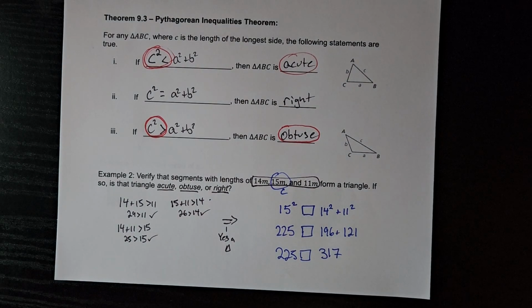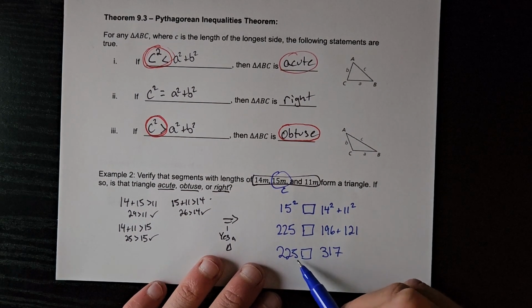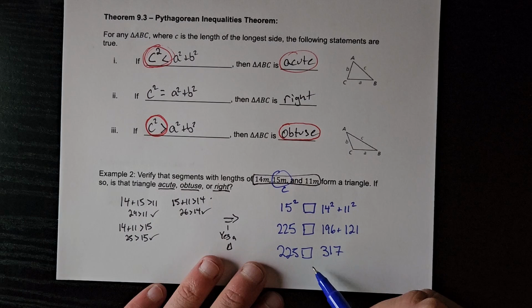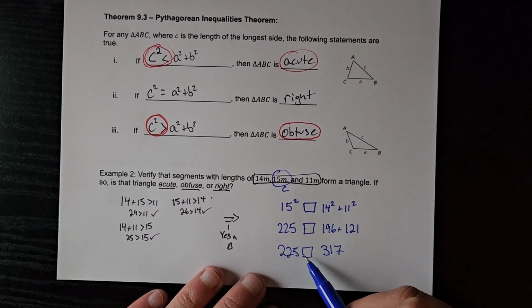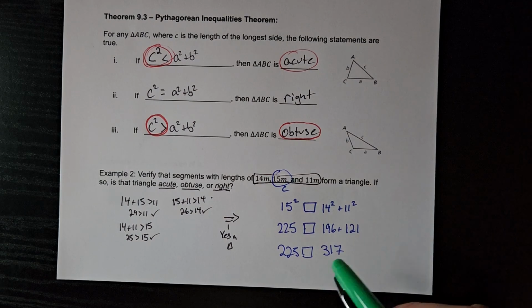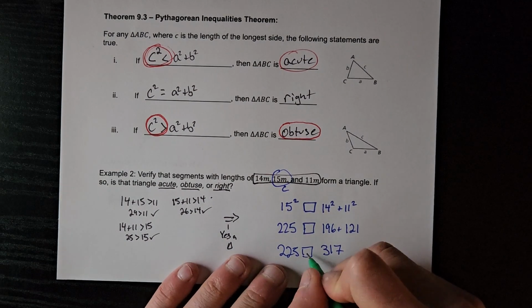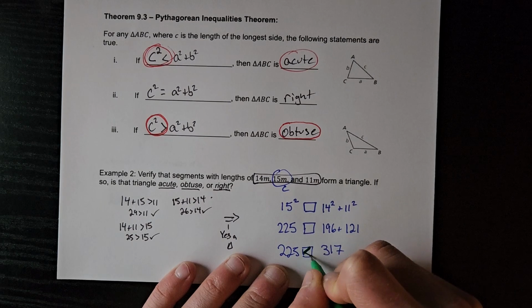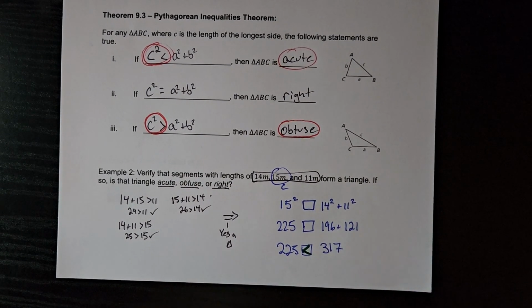And now I need to determine what inequality sign I'm using. It's definitely not equal to because these numbers are not equal. But I do know that 225 is a smaller number compared to 317. So what I can do is use the less than sign right here. Because 225 is less than 317.